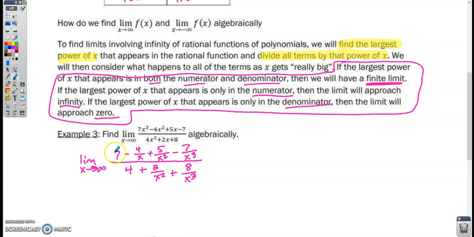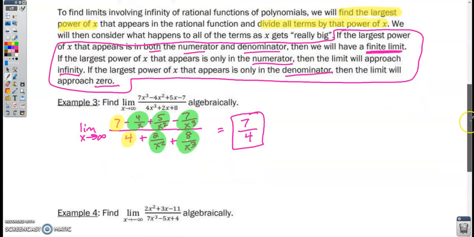Well, these two terms don't change because they're just constants. All the rest of the terms approach 0 as x gets really, really big. 4 divided by a number that's getting infinitely large approaches 0. 5 divided by a number that's getting infinitely large squared approaches 0. And so all of these terms that are highlighted in green here approach 0, and our limit just ends up being 7/4.